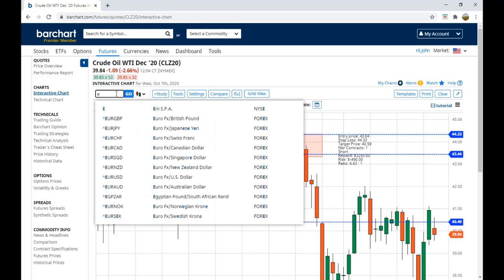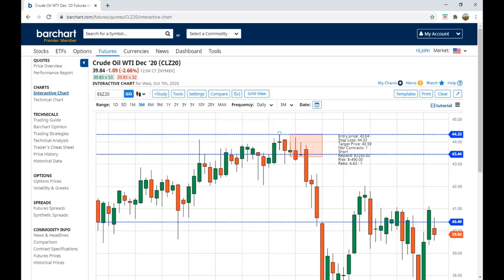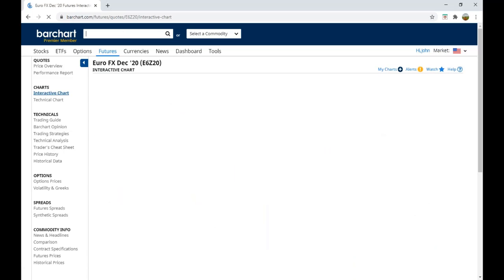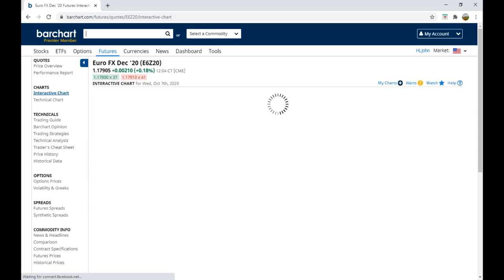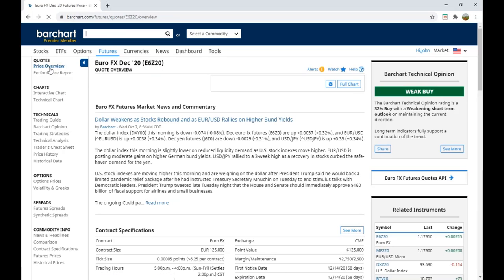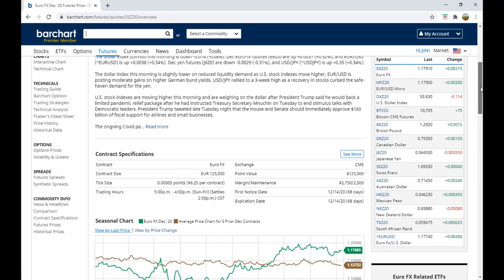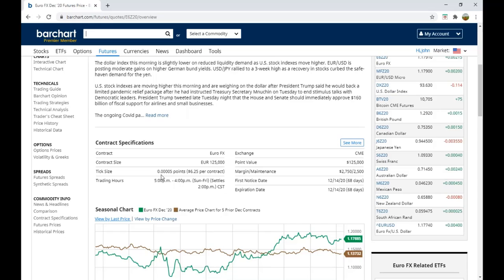So for instance, if we go to the Euro FX, the Euro currency futures, and I go to my price overview where I'm going to find my contract specifications, here you can see that the euro trades in 0.00005, and it's $6.25 a price movement.